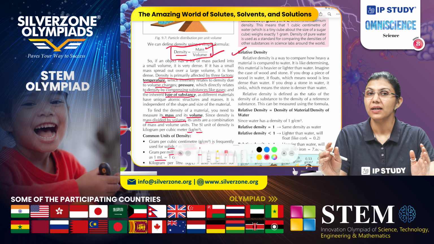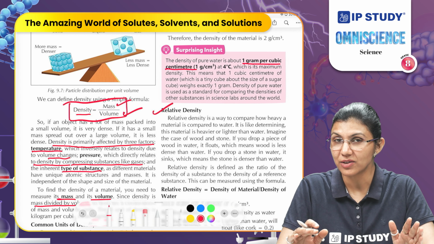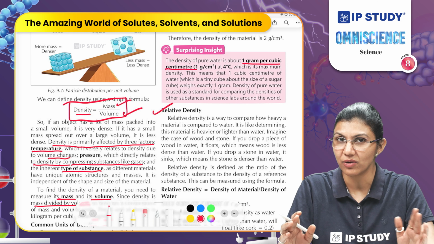There is one interesting fact. What is that? Pure water is about 1 gram per cubic centimeter at 4 degrees Celsius. The density of water is also dependent on the temperature. If the temperature is changed, the density also will be changed.